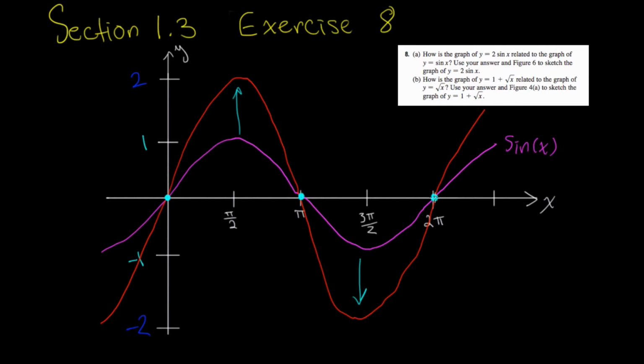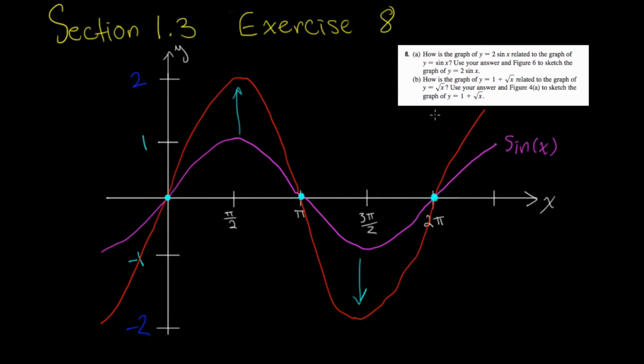They're the same in that they have the same x-intercepts and the same y-intercept, because they both cross the origin. Both functions still oscillate and they both cross the x-axis at the same places. So that was a pretty easy one.